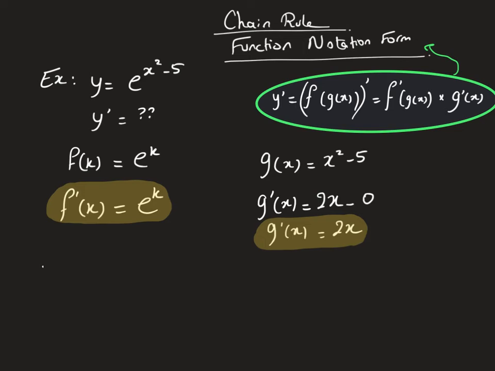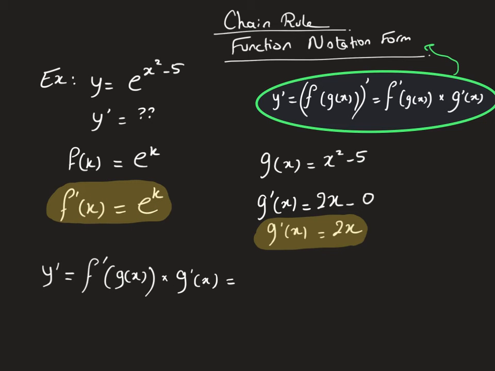So using the rule, y prime equals f prime of g of x times g prime of x, equals, here is the derivative of f, which is f prime of k equals e power k.